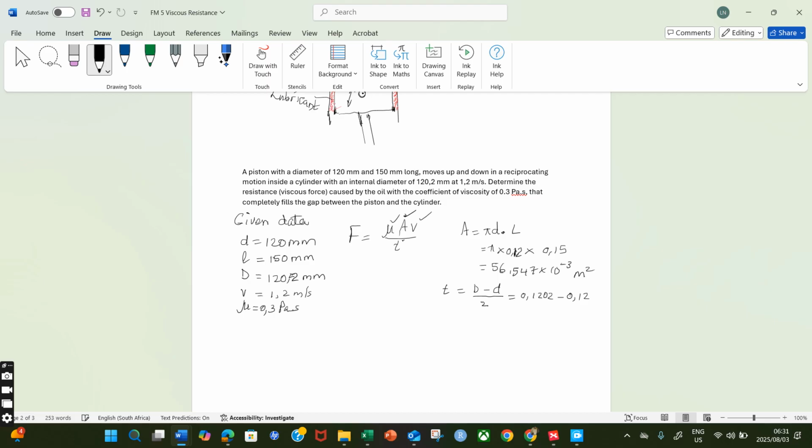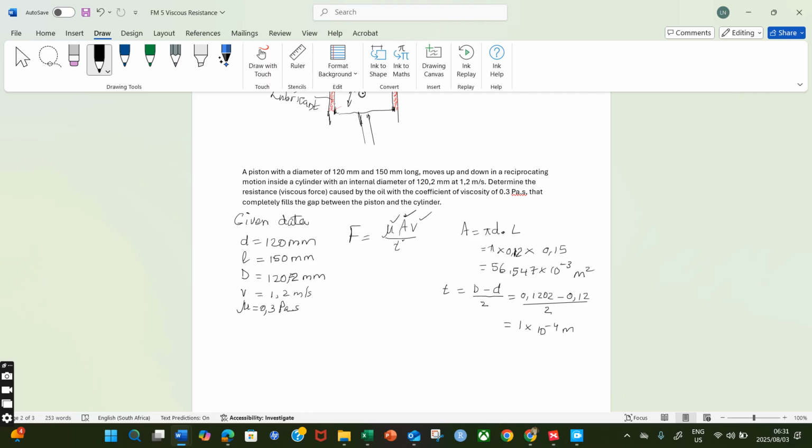And after finding the answer, don't round it off. It's better you take your answer to either engineering notation or scientific notation. So this will be 1 times 10 to the power -4 meters.